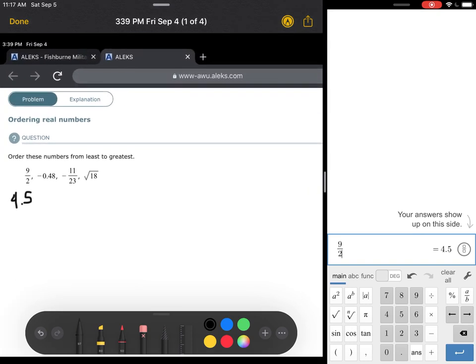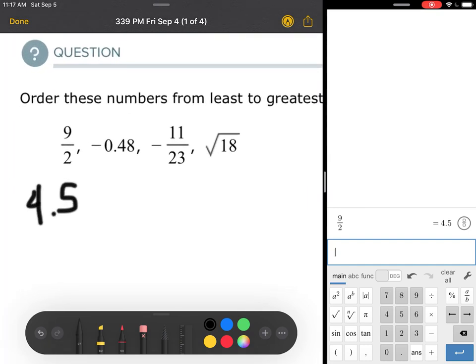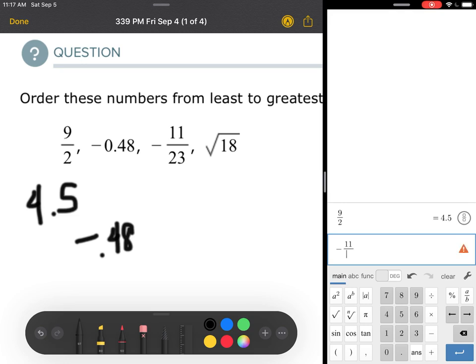Let me zoom out of this a little bit. Then I'm going to put a new line, and this right here is still negative 0.48. Then I'm going to put in this one over here, negative 11 over 23, which gives me negative 0.478.